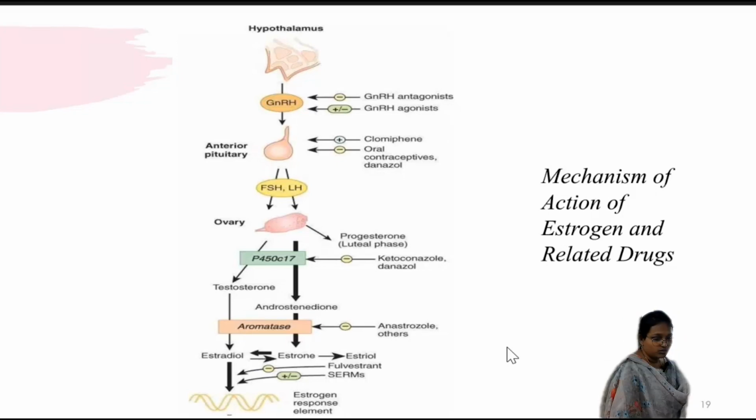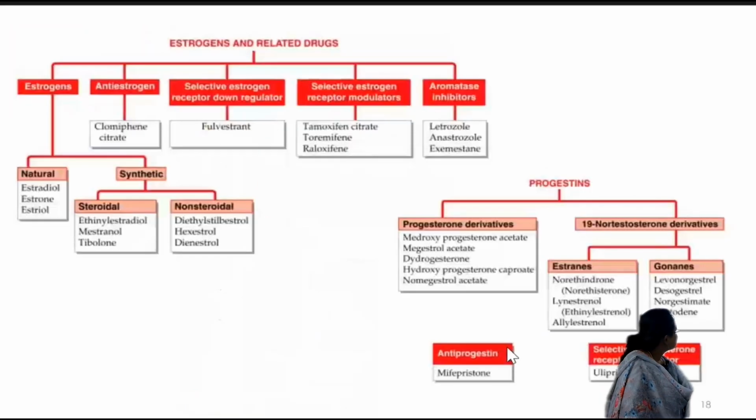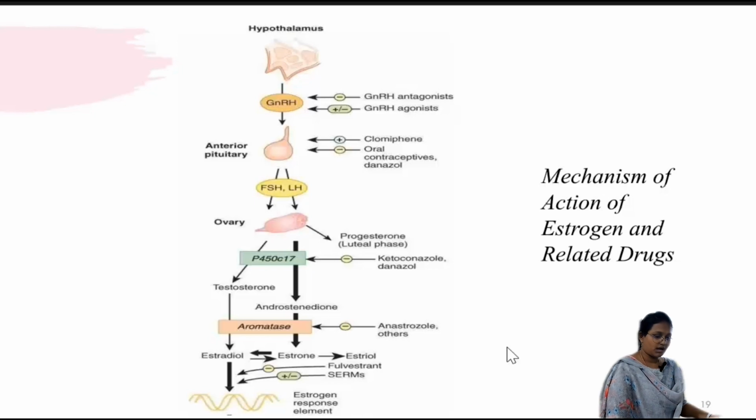And coming to SERMs, selective estrogen receptor modulators, you can see it here, estrogen receptor regulators and receptor modulators. These act on the estradiol. When coming to modulators, it can act as an agonist, and it can up regulate or down regulate. Coming to down regulators, it decreases the activity of estradiol.